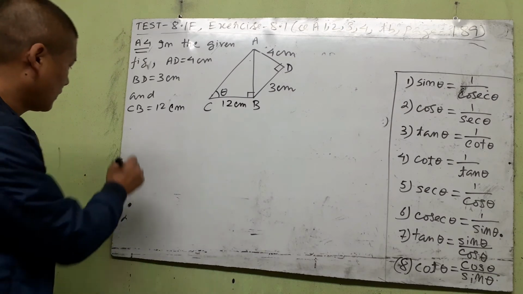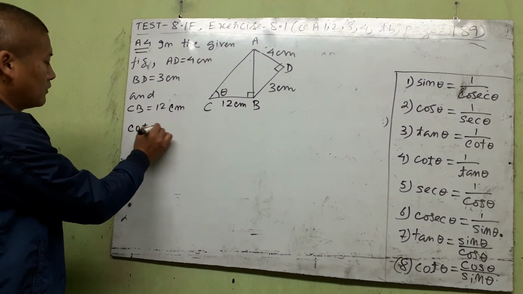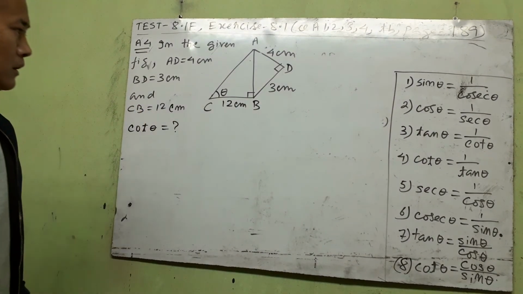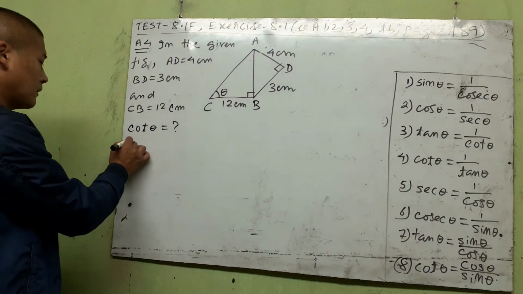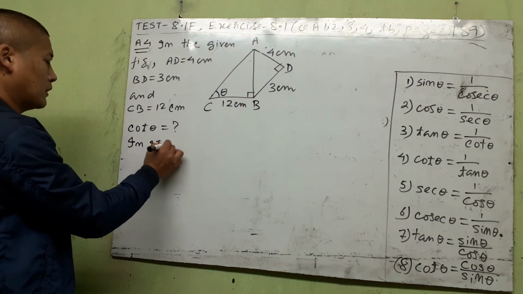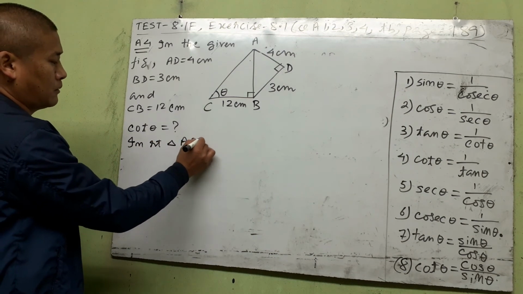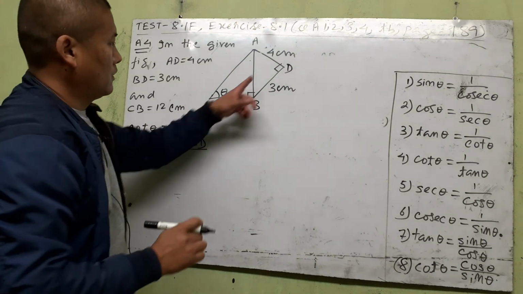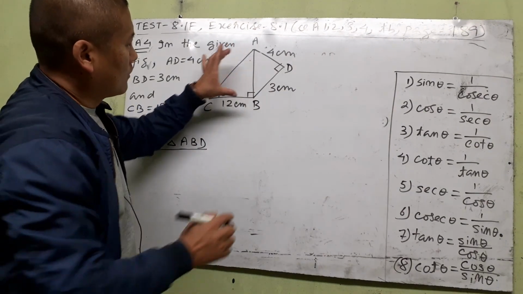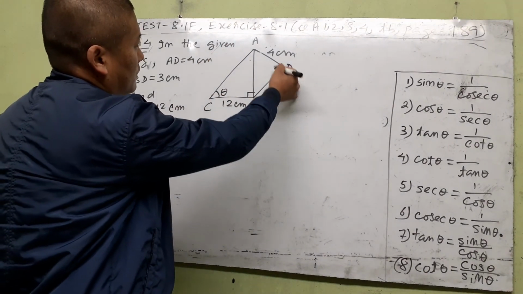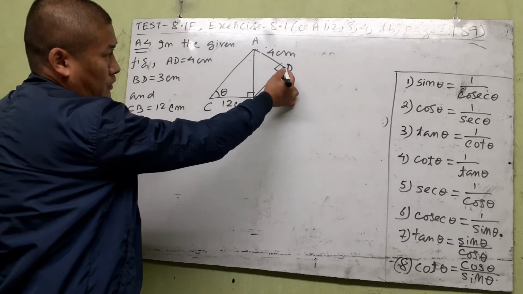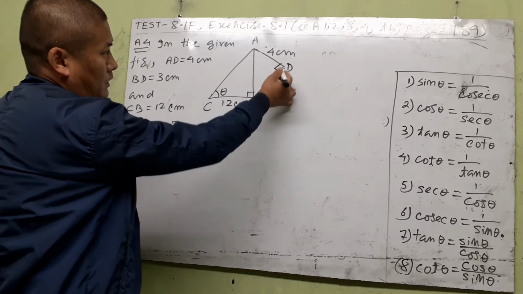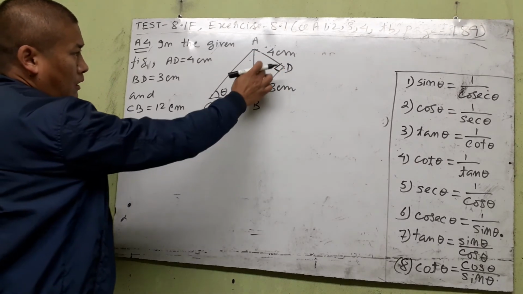Then you have to find the cot theta value equal to how much? Question mark. So let us take this right triangle here. In right triangle ABD, we know two sides, BD 3 centimeter and AD. Two sides known means that easily the third side is the hypotenuse. The right angle arms are DB and DA, so AB is the hypotenuse of triangle ABD.